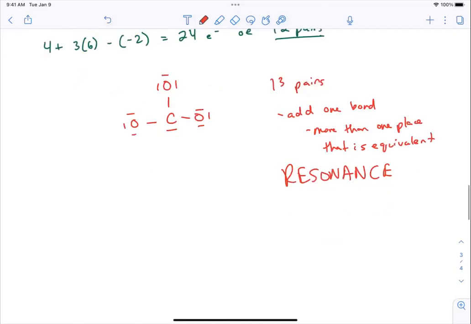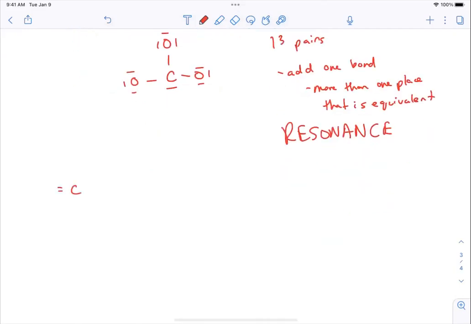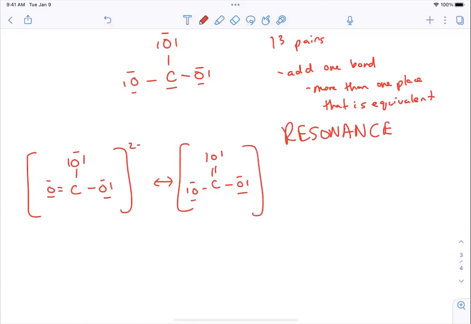So what this turns out to be is this. That's your structure of carbonate.